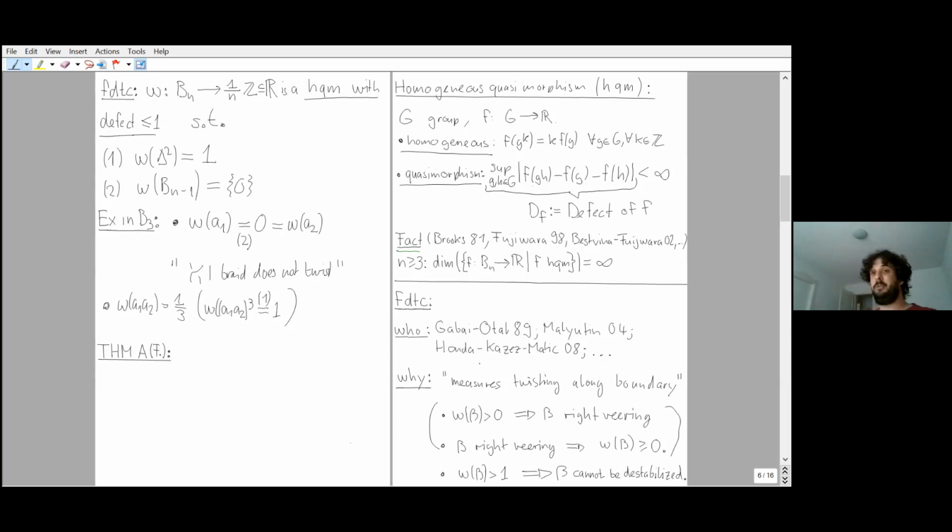And here's my excuse why I'm only giving you these properties, which are somewhat well known. It actually turns out that they are characterizing, and that's my first result. So it turns out that there exists exactly one homogeneous quasimorphism, let me call it F, from the Braid group to R with the defect of F less than 1.